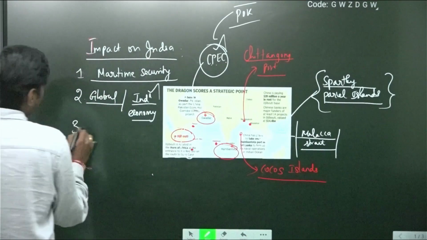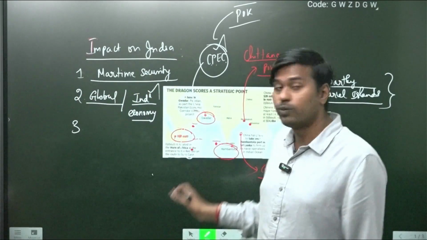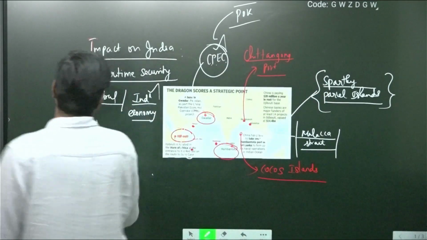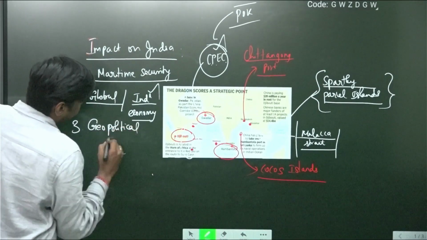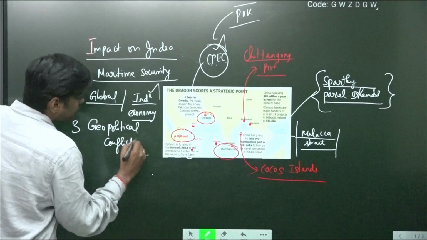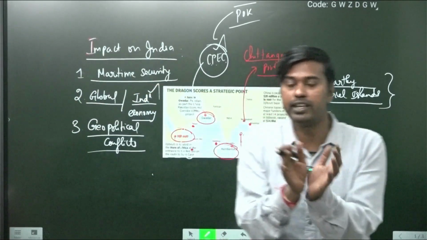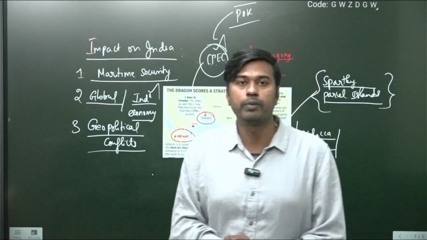And in addition to that, the impact on India is also that this particular area, as we have discussed, is a hard point of geopolitical conflicts. So India needs to be very much concerned when it needs to tackle this also. India is having various challenges because of this string of pearls policy followed by China.